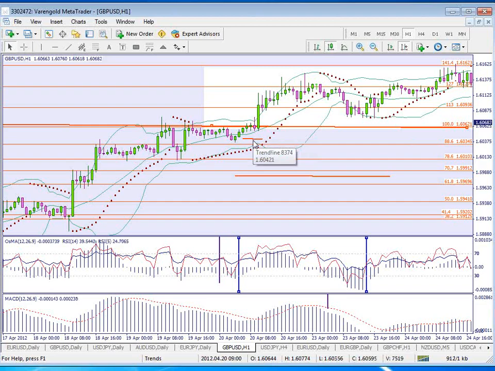Even if you are looking just for 1 to 2, 1 to 3 risk reward, as long as you are going with the trend that we have on bigger time frames, you will have most of the trades as positive.